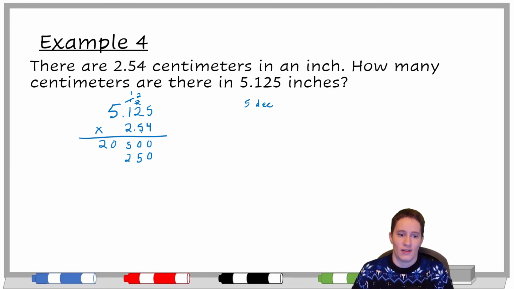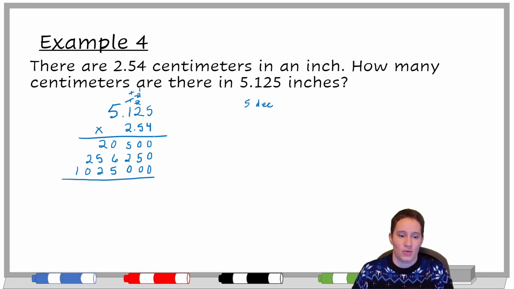Carry our 1. 5 times 1 is 5, plus 1 is 6, and 5 times 5 is 25. So 2 placeholders now. 2 times 5 is 10. 2 times 2 is 4, plus 1 is 5. 2 times 1 is 2, and 2 times 5 is 10.